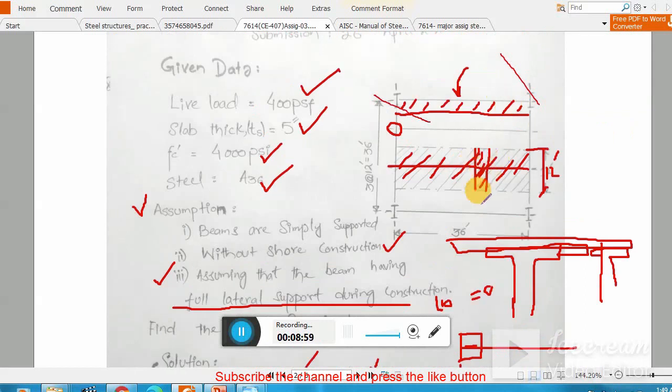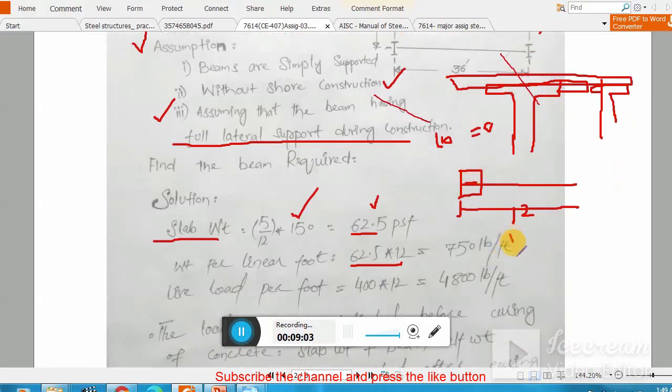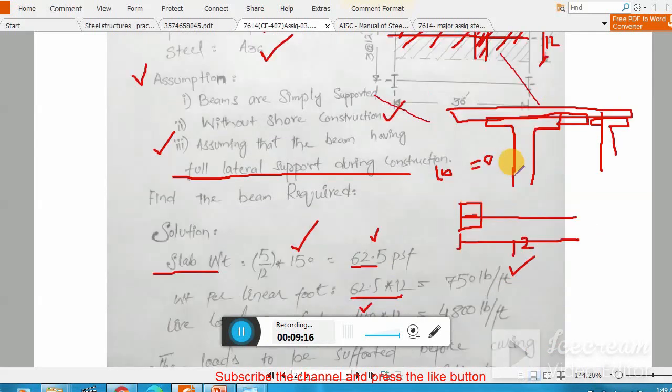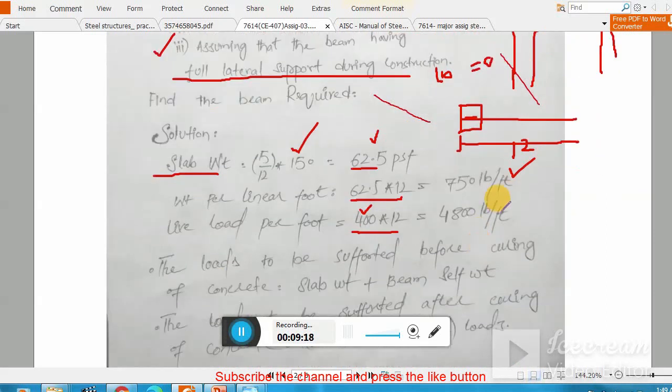So basically we are designing the beam for 1 linear foot, remember. So this is pound per foot, not PSF, okay. Live load per foot we need, because 400 PSF we have to multiply with 12 feet to convert it into a strip. So that's why it is lb per foot.